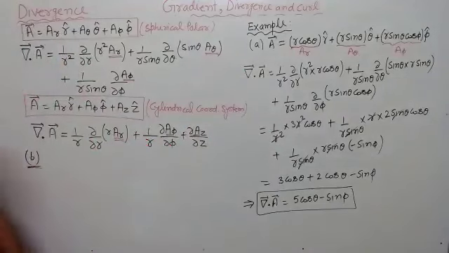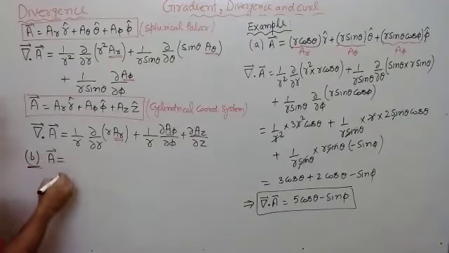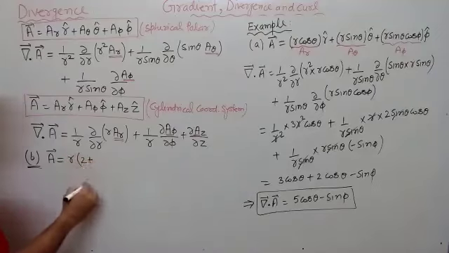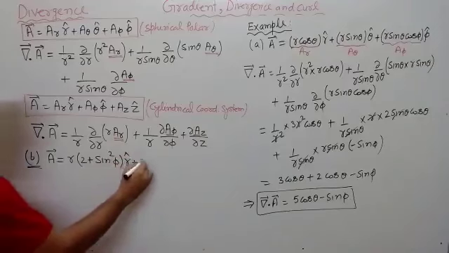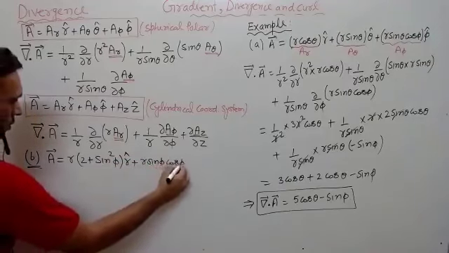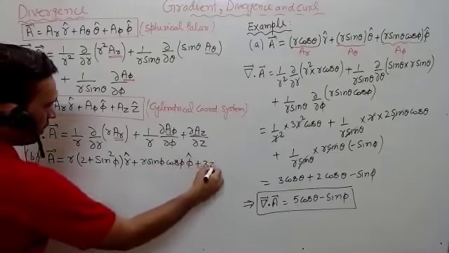Let us see one example in cylindrical symmetry. So vector A is r into 2 plus sine square phi r cap, plus r sine phi cos phi phi cap, plus 3z z cap.